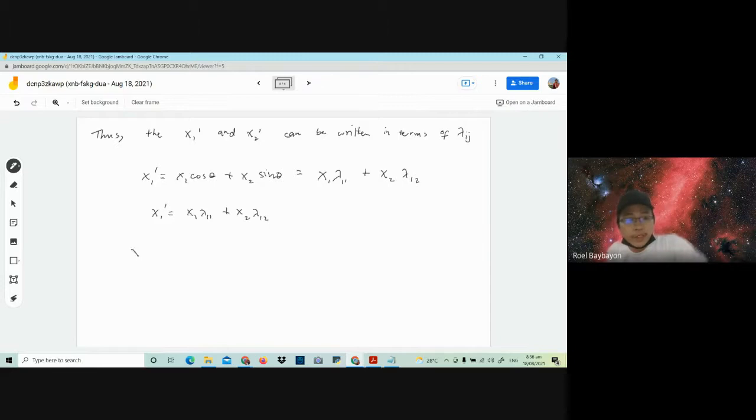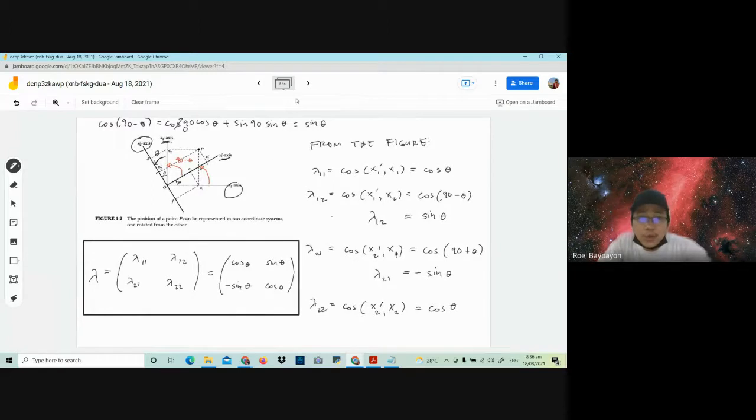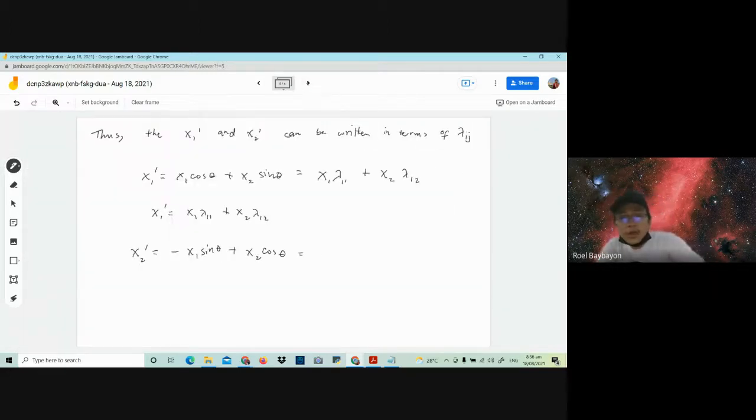How about my x2 prime? X2 prime is minus x1 sine of theta plus x2 cosine of theta. So this can be written in terms of lambdas. Minus sine is lambda 21. So I have x1 lambda 21 plus x2 lambda 22.